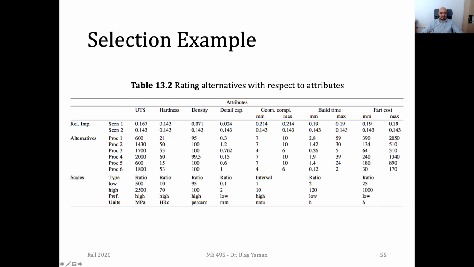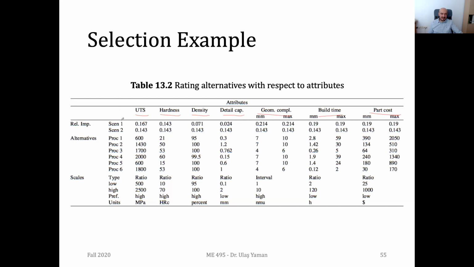You see we have a table, and in this table they have some properties. For instance, they will consider the UTS of the resulting part, hardness, density of the resulting product, detail capability of the process, geometric complexity, build time, and part cost.